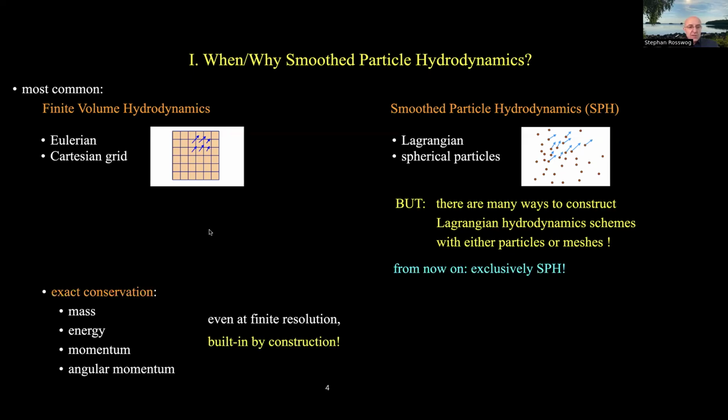Now, one of the major selling points, and keep in mind I'm talking initially about the Newtonian version, is that we can have exact conservation of mass, energy, momentum, and angular momentum, even at finite resolution. So you can really build these conservation laws into the discretized version of the equations. And that makes it very powerful because you always stay pretty close to what nature would do, just because you have the same conservation laws built in.